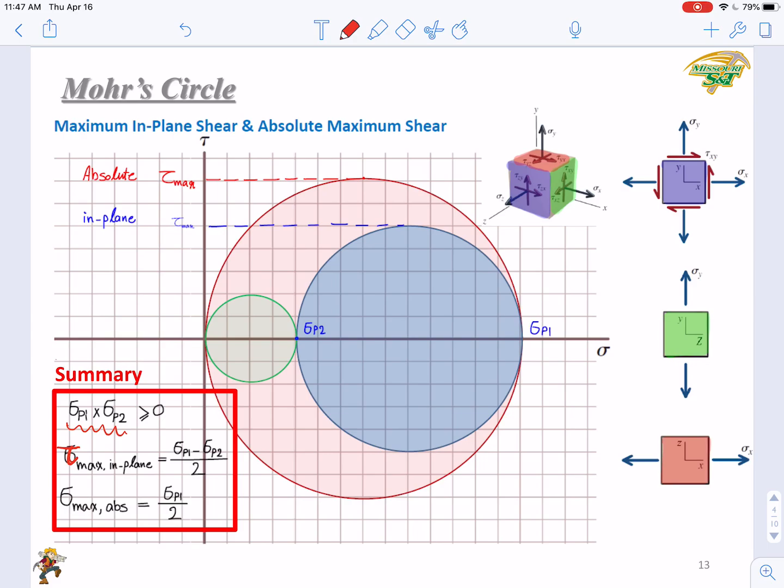That is the radius of the blue circle. If you're looking at the absolute maximum shear stress, that will be larger. That is half of sigma p1, since your diameter is just sigma p1 minus 0. So the radius will be half of sigma p1, the largest possible normal stress. So here you get these two cases: in-plane, absolute.